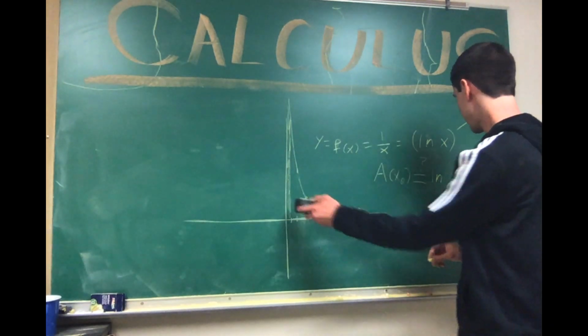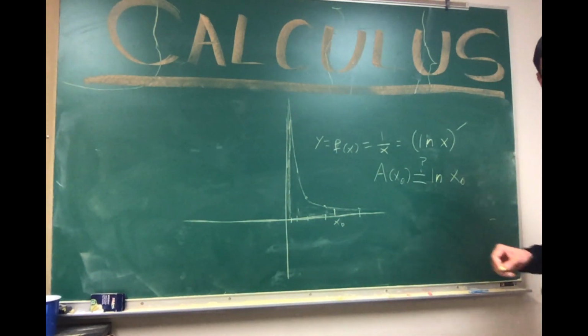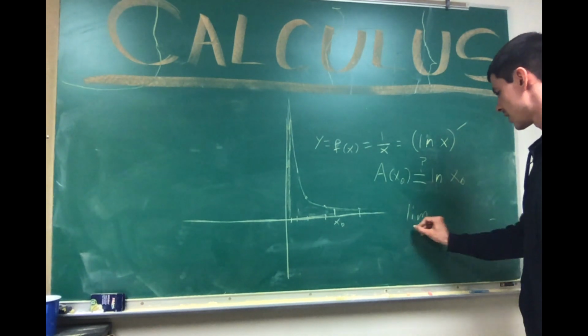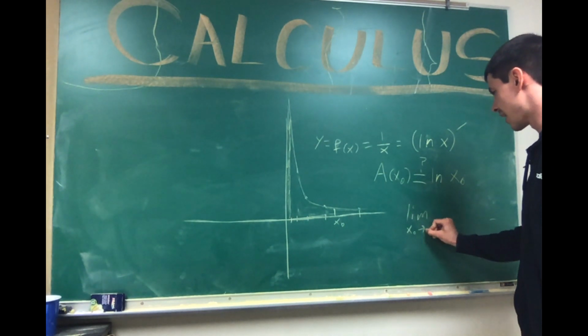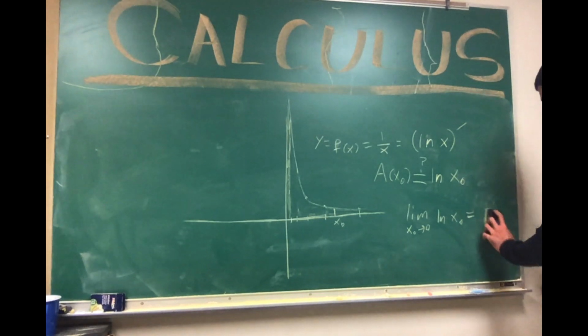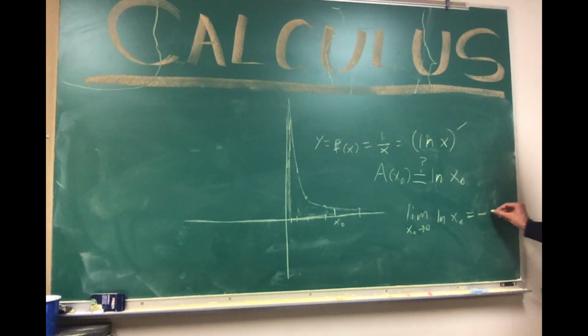Now if it did, then that would mean the limit as x0 approaches 0 of ln of x0 is, of course, negative infinity.